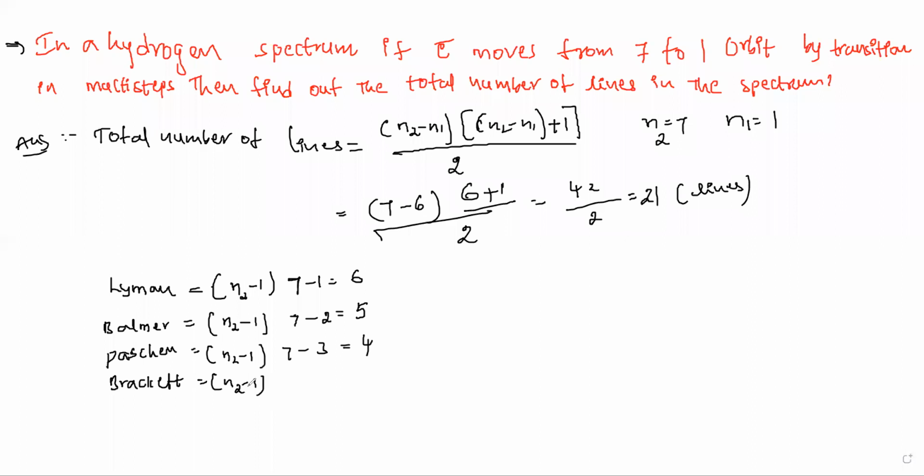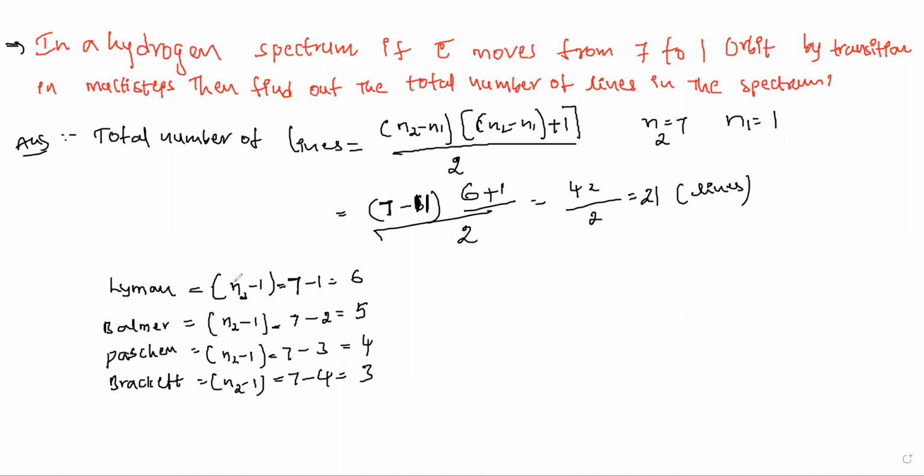Brackett series: n2 minus 4, that is 7 minus 4, will get 3. Okay, sorry, here it is 7 minus 1, the n1 value is 1 here, not 6.